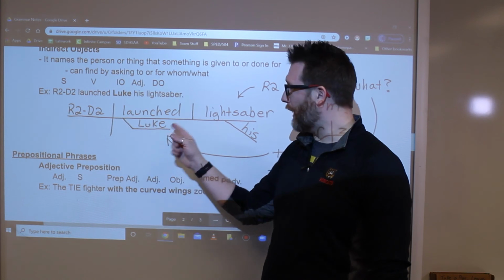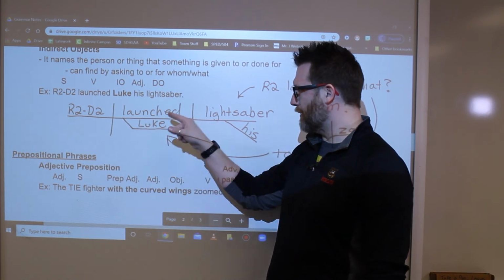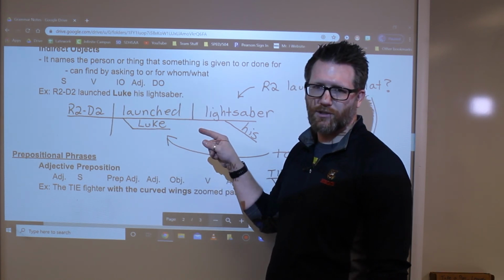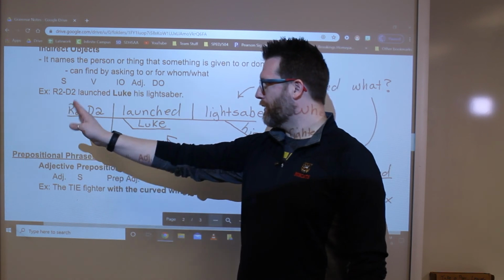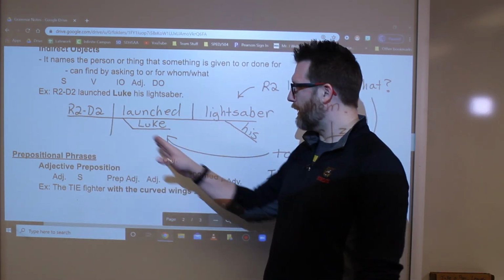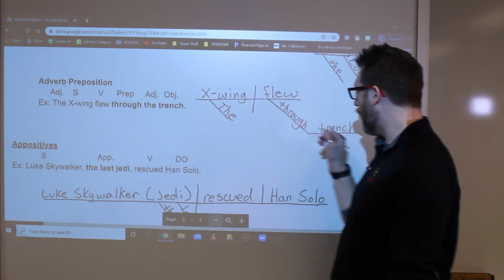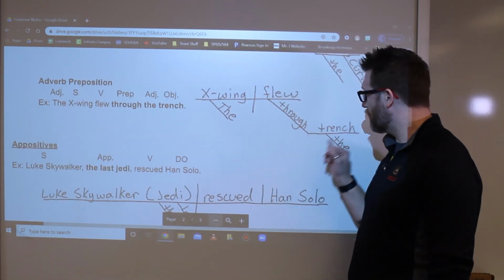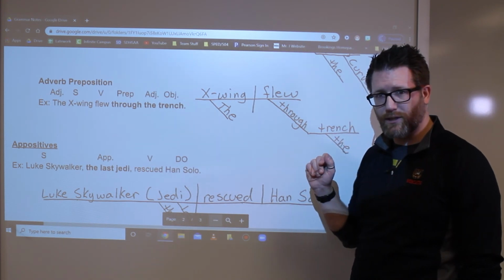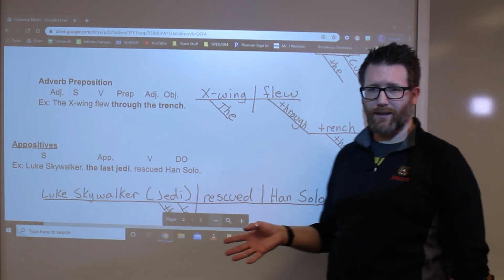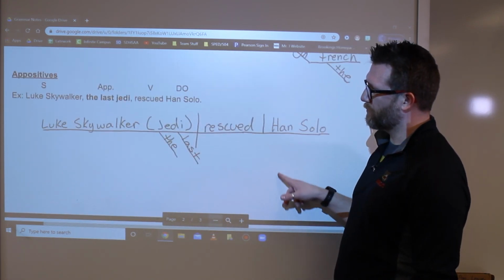To Luke, and then we could even add that appositive right here: Luke, appositive, Jedi, the last Jedi. So it can go off any of the nouns: subjects, direct objects, indirect objects. It could even go off of objects of the preposition as well. So anything that's a noun or a pronoun can have an appositive.